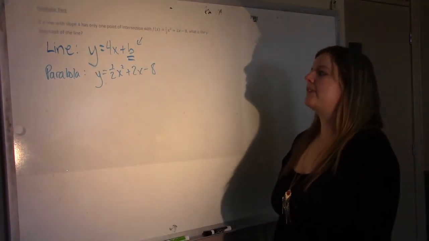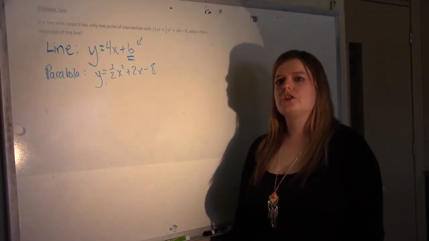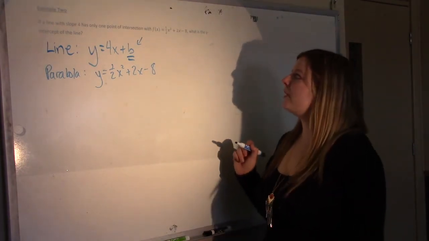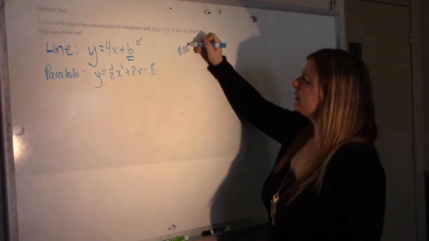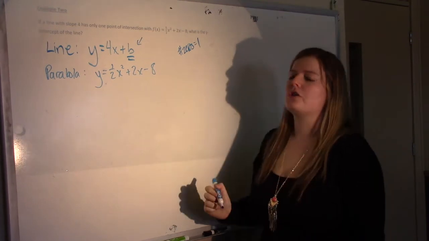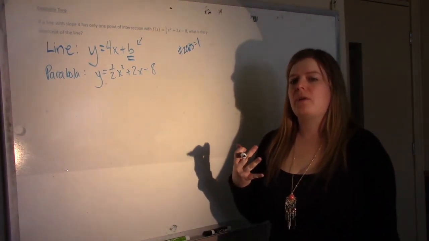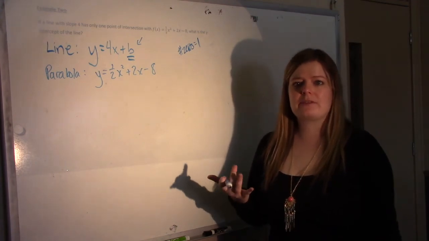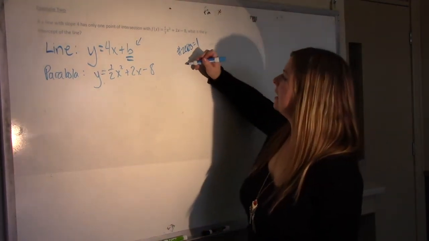It's saying that this line only intersects this parabola once. So that has to do with the number of zeros. The number of zeros equals 1. So what do we have in our toolbox that tells us when the number of zeros is 1? Well, that's the discriminant.